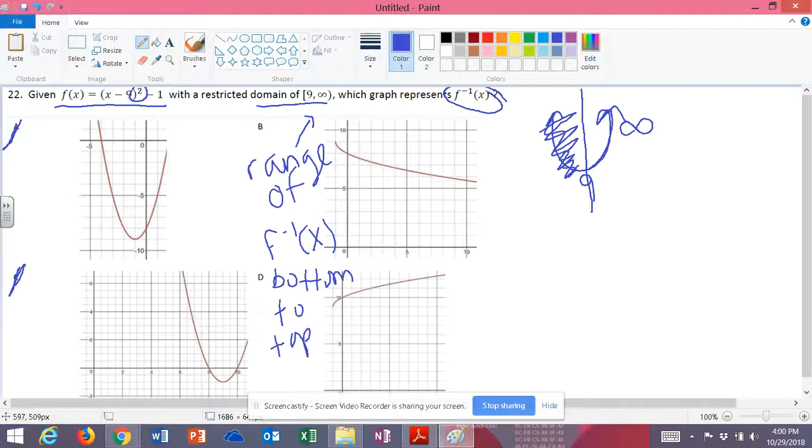So if I look at letter B, I've got a top of 9, and then my bottom actually goes to negative infinity. If I look at letter D, I have a bottom of 9, and then my top actually goes to positive infinity. So letter D matches what my graph should look like.